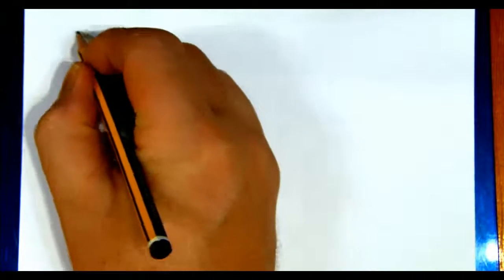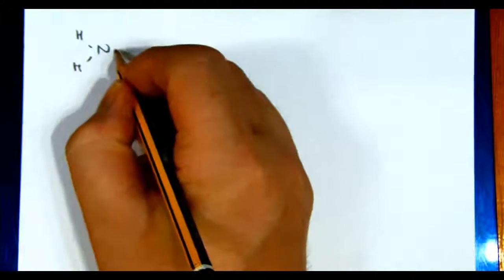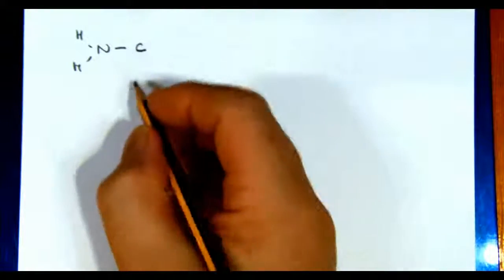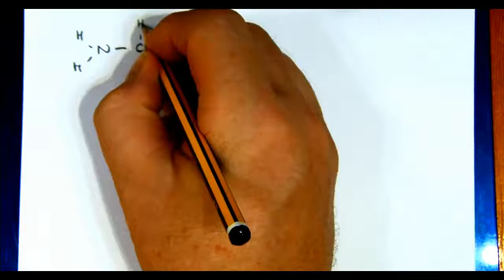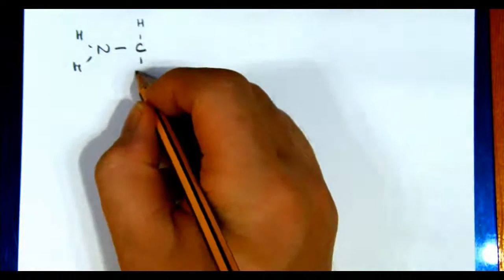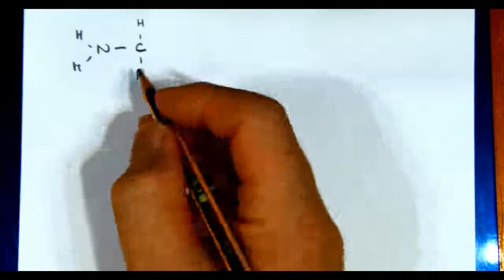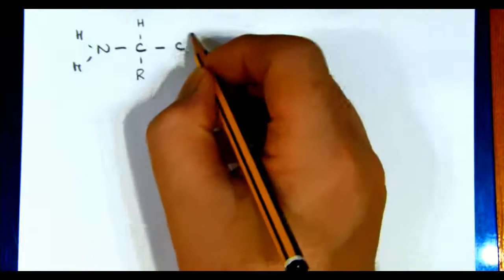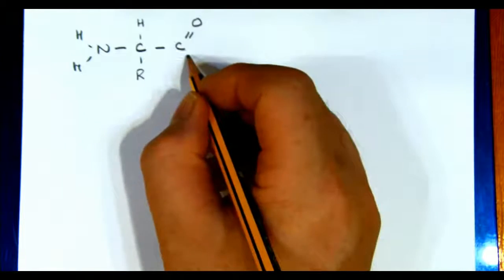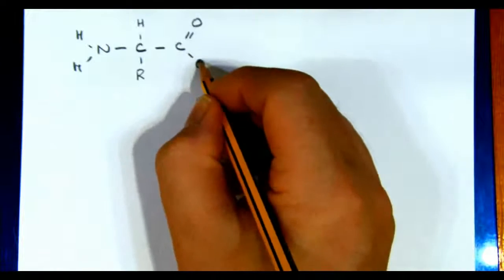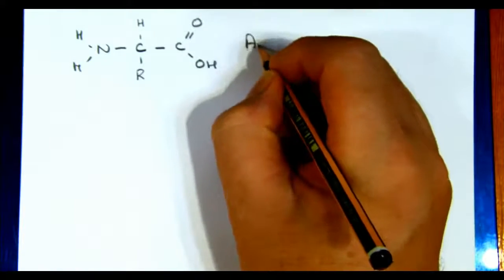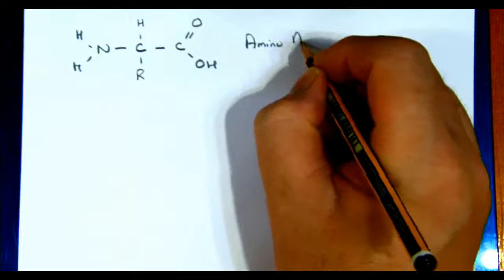That'll make your life easier to see. And we've got this NH. We've got a carbon with a hydrogen on it, and any other particular group. There's a whole series of different 20 of these, and we've got our carbon with a C double bond O and an OH group. So here is our basic amino acid structure.